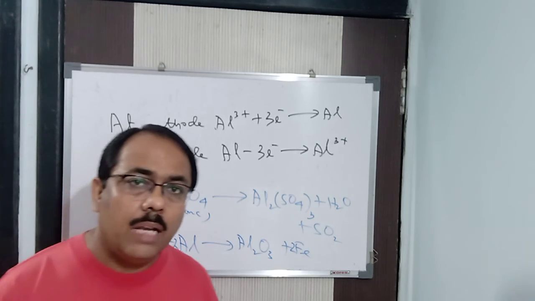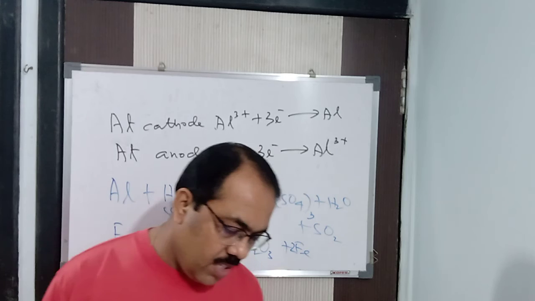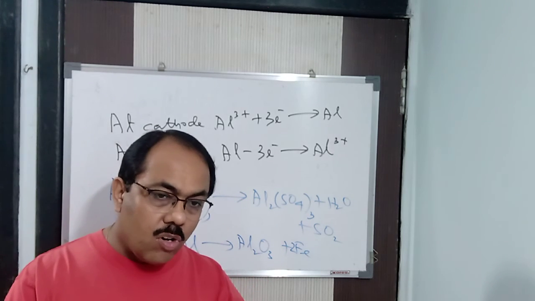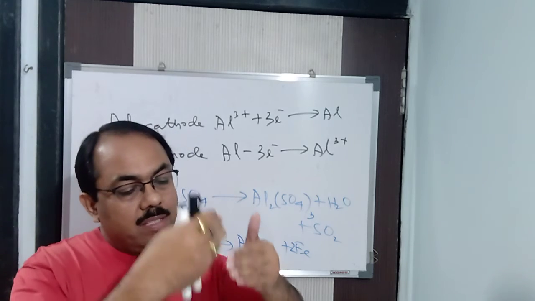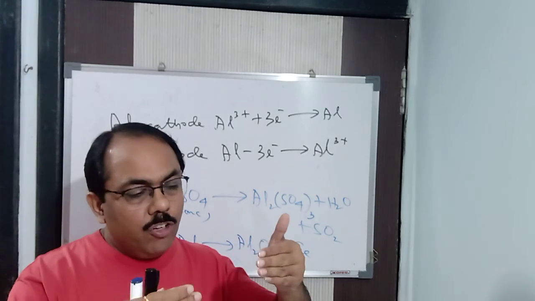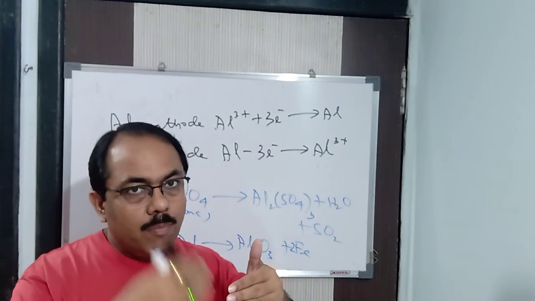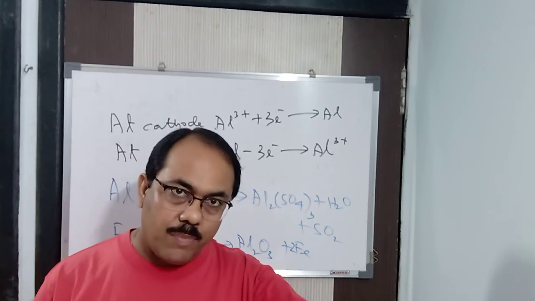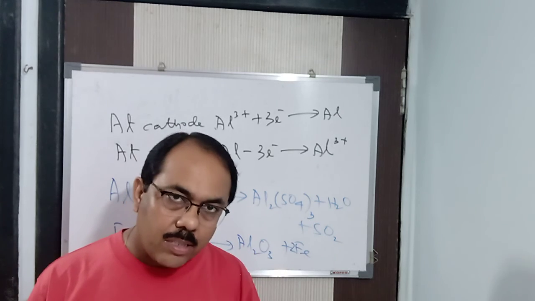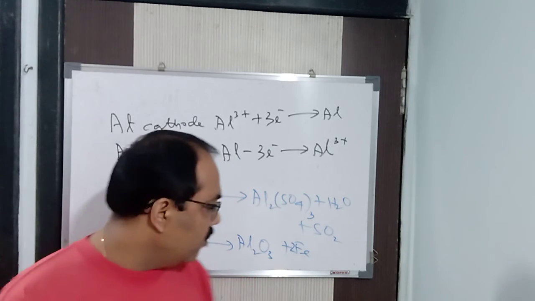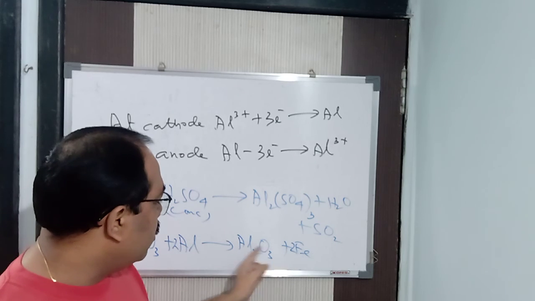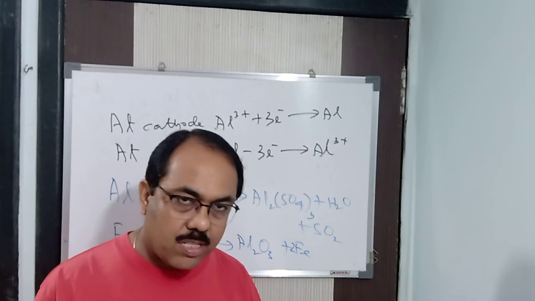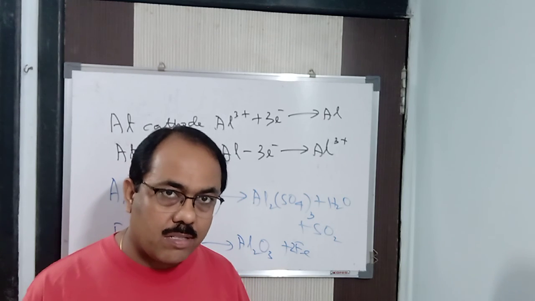Most importantly, aluminium is used for thermite welding, for bridges and girders. Suppose the bridge breaks and a crack develops here. How will you fill up the crack? You will go for thermite welding, where a mixture of aluminium and ferric oxide is taken and welded. Why is aluminium taken? Because aluminium reduces ferric oxide to alumina and Fe. Now this Fe fills the cracks, and aluminium oxide as well.